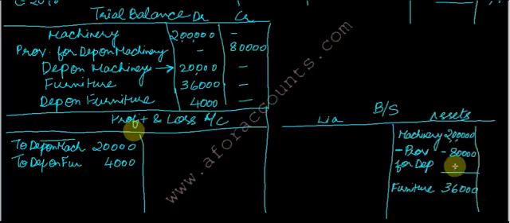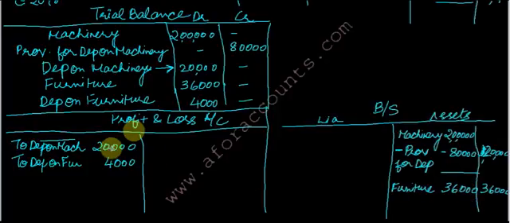2 lakh minus your 80,000 is 1,20,000 to be brought out, and 36,000 as it is, because I don't have a provision here. Neither will I write less depreciation here.